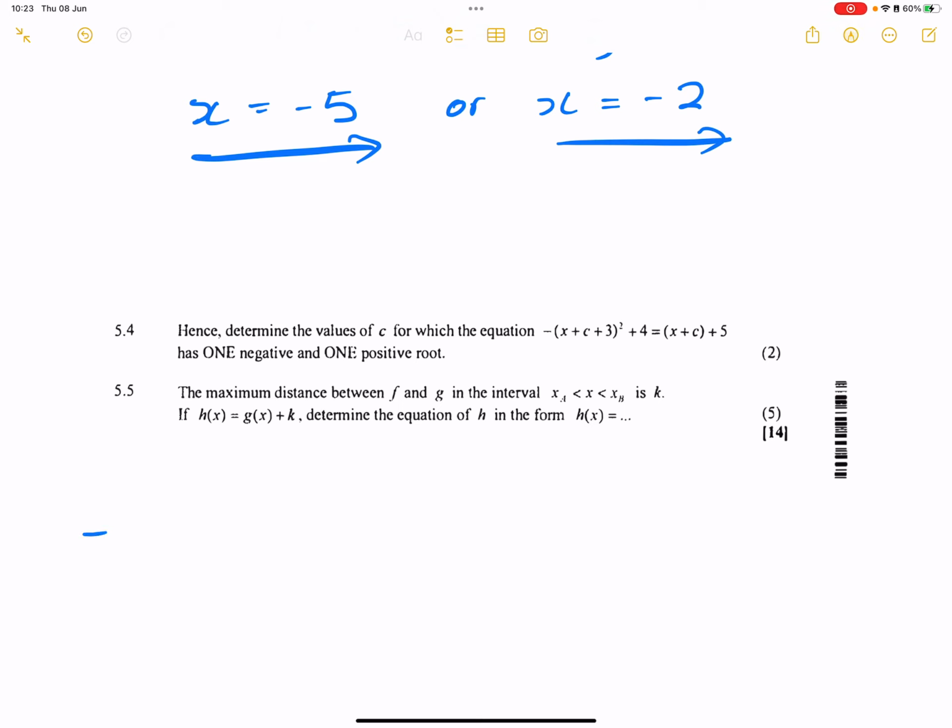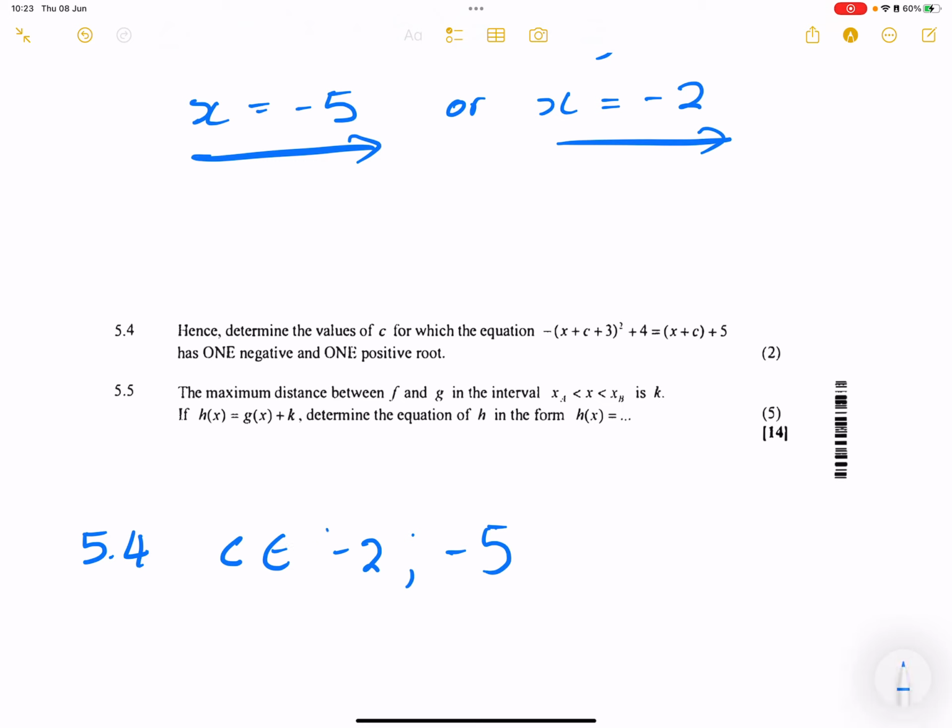So for 5.4, and that is why they said hence, right? So C must be an element of, right, negative 2. So it means that I can shift the graph by 2 units to the left. Okay, so we said that should be negative 2 and negative 5.